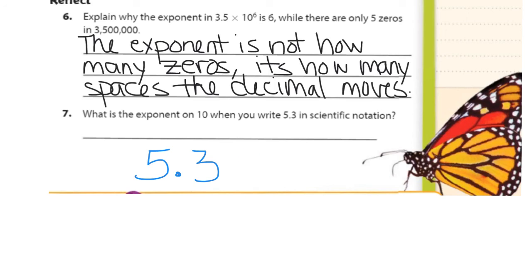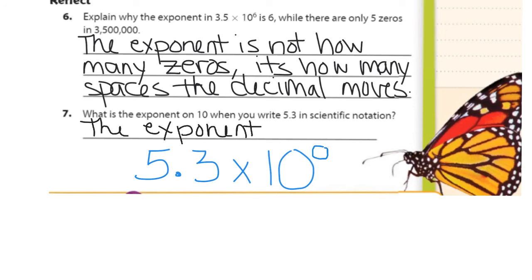I still have to do times 10 to some power though. So remember, the power represents how many times we move the decimal point. Well, we didn't move the decimal point at all. So that power will be 0 because I never moved the decimal point. So on this one, I'm going to say the exponent is 0. Do not let them trick you. We know this stuff.